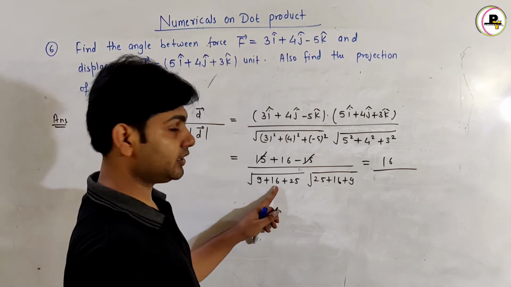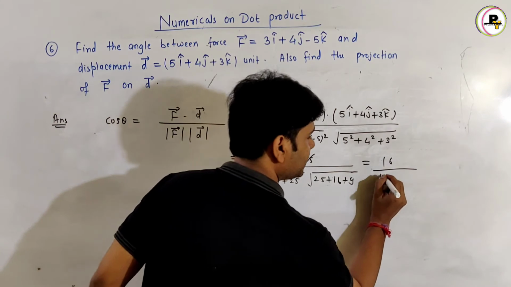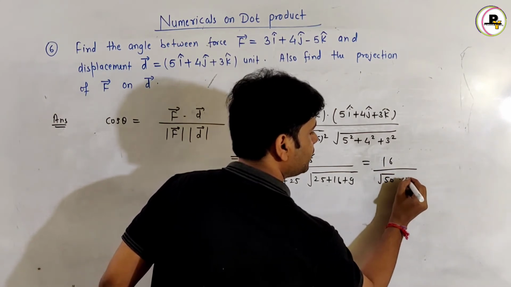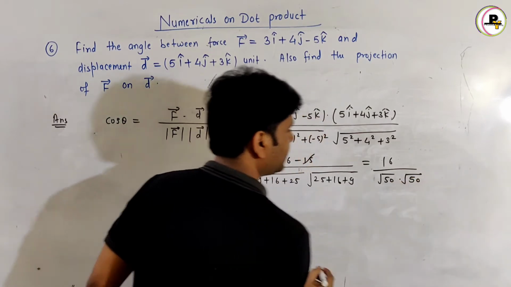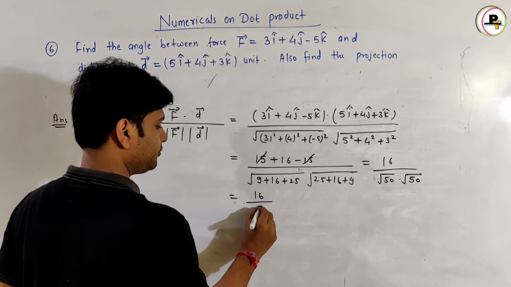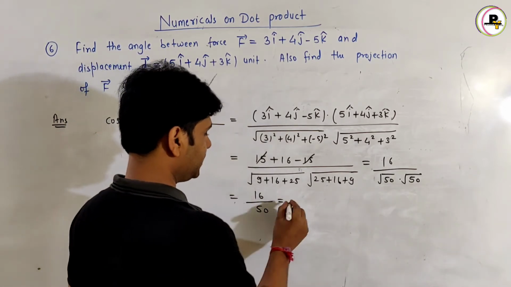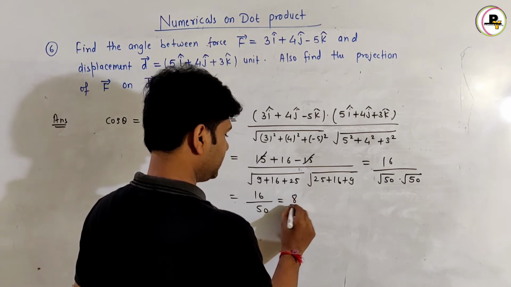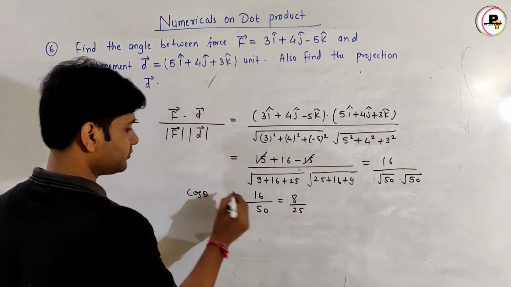This is 9 plus 16 is 25, 25 plus 25 is 50. This will be root 50, and into the same value I will get in the second, root 50, and therefore I can write here 16 upon 50, or if I divide it by 2, then I get what? 8 upon 25. This is the value of cos theta.